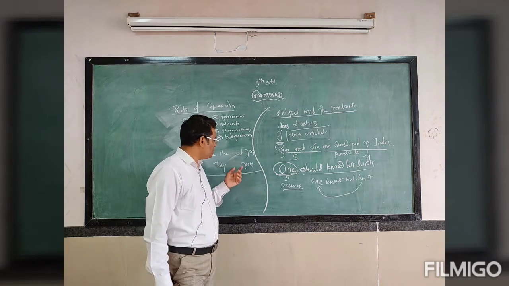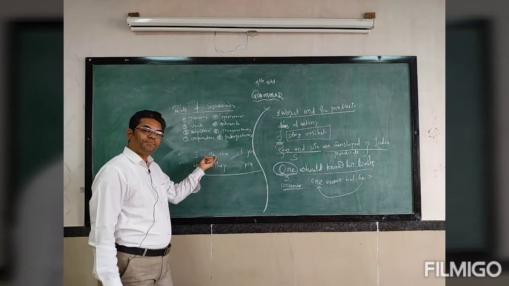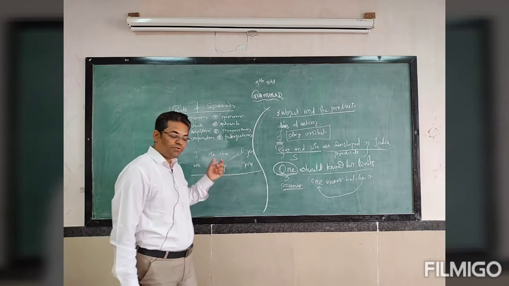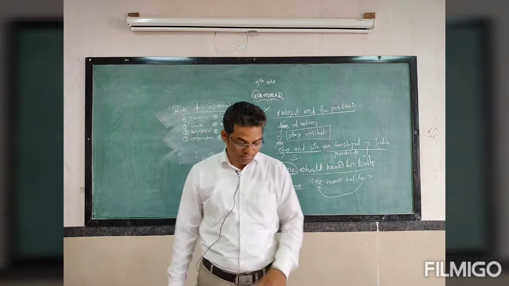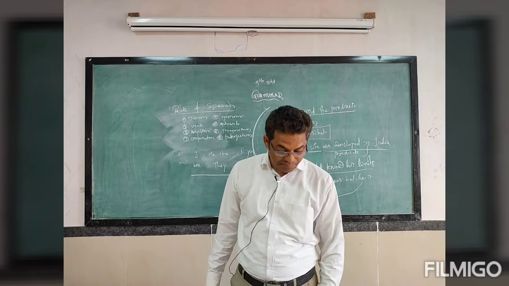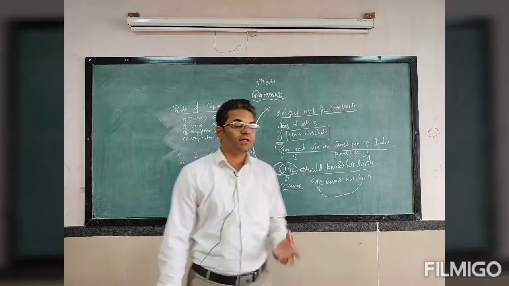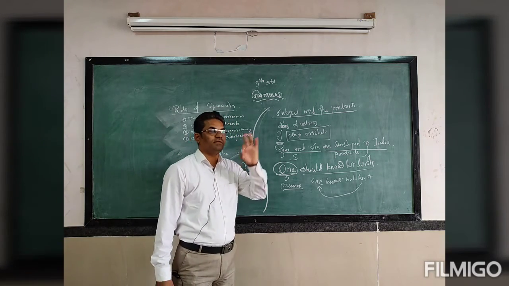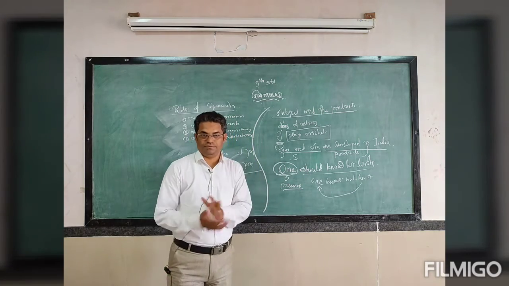Him is the objective pronoun of he. We can use he in the subject, but not him in the subject. So, they have separate forms. That is how the pronouns are.